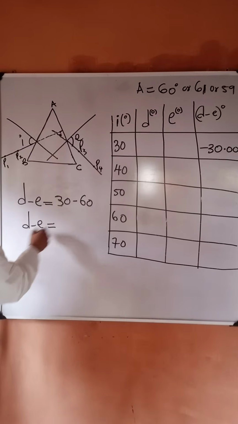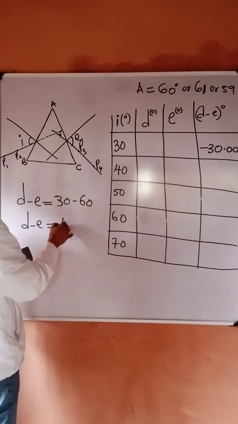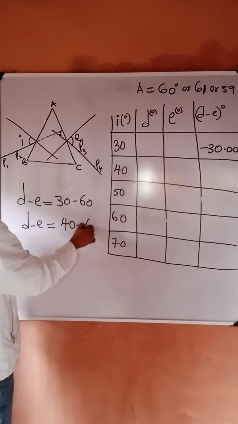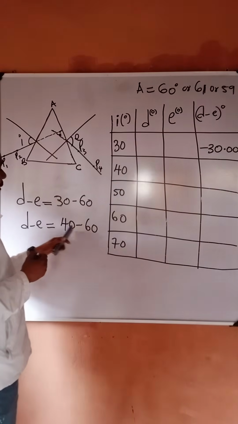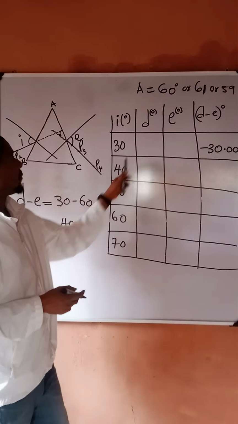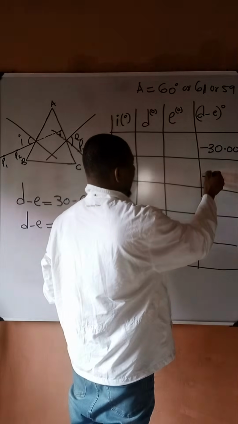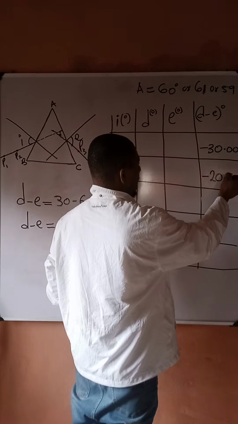D minus E for the second one will give me what? 40 minus 60. 40 minus 60 will give us what? Minus 20.00.